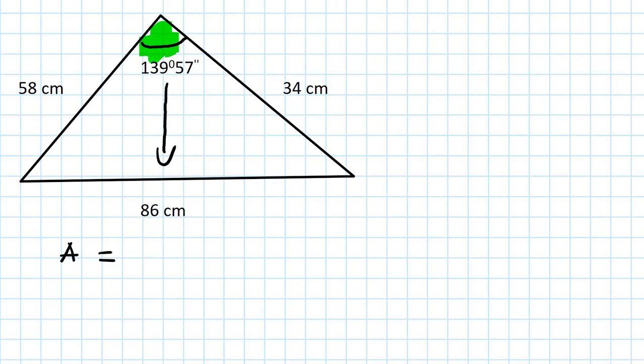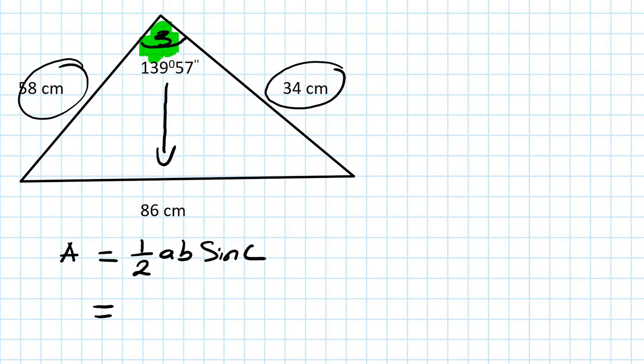Area is a half a b sine of the angle in between, which is C. Now, a half a b, because this angle is C, so therefore the side lengths are the ones in between. Please keep that in mind for me.